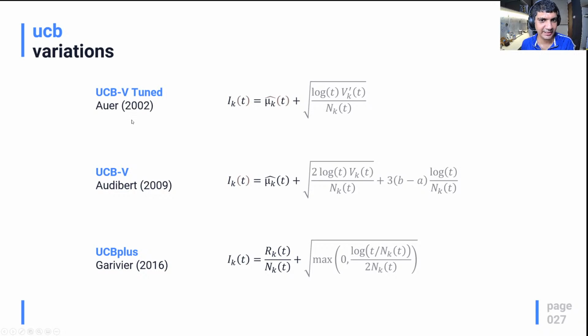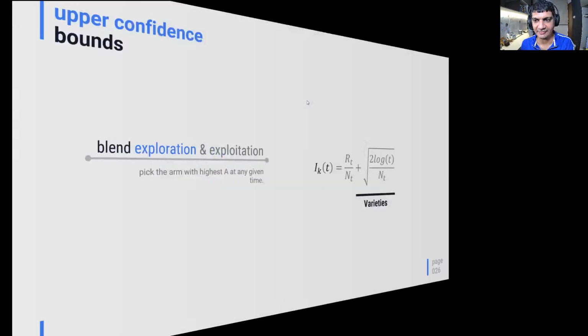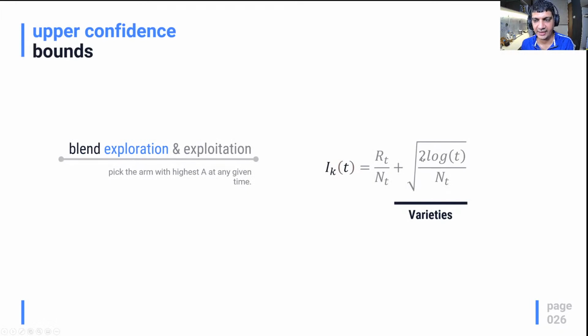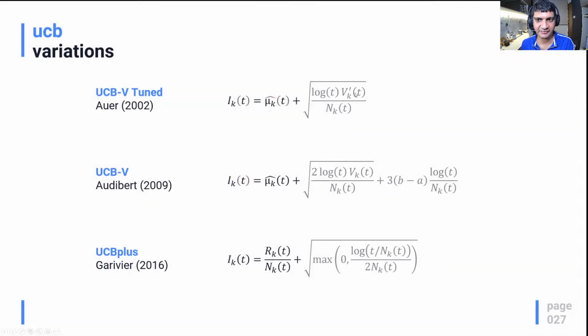In 2002, there was this tuned model, which takes a similar concept, but instead of the value 2 that we had before, where we did 2 log t times n, this 2 is replaced by another value. It could be alpha, and you could have UCB alpha. You could also have another value over here, VK. VK essentially is the mean of the squared rewards minus the square of the mean, right? So you come up with an intelligent value.